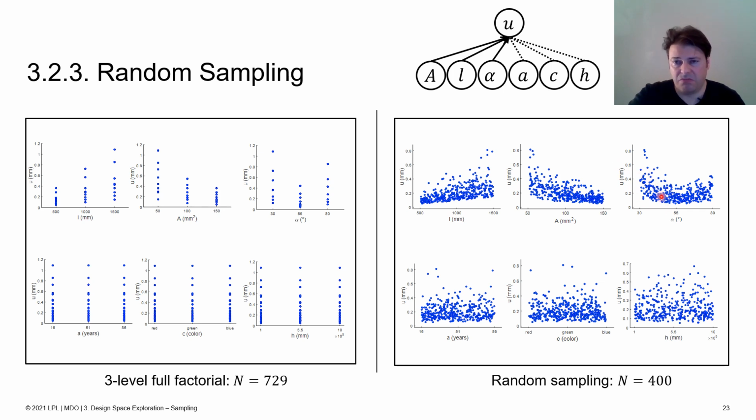And you don't know whether these are something parabolic, more or less, or maybe something different, because you can only look at the projection. For the relevant design variables, you get in both cases some idea of what the dependency looks like, but again, you have these gaps more densely filled for random sampling.